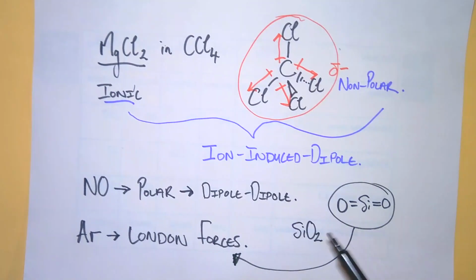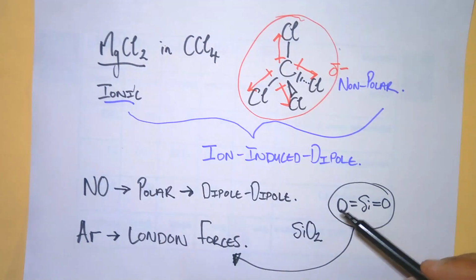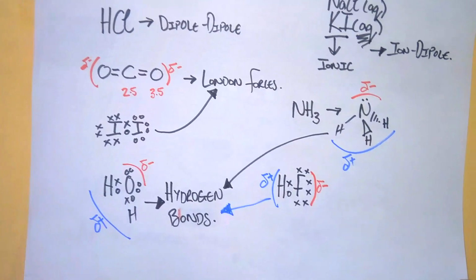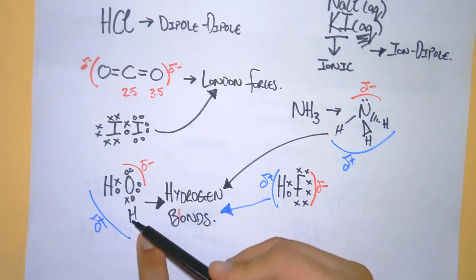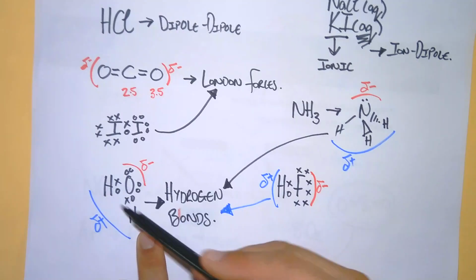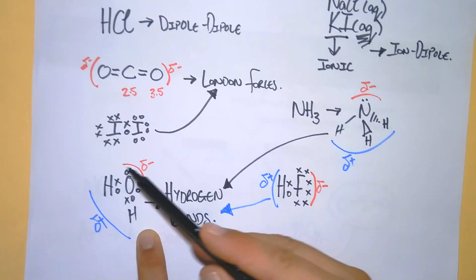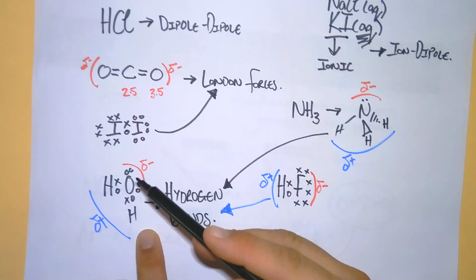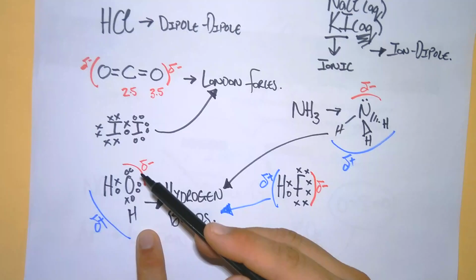Then they ask us which one has the strongest intermolecular forces. Now, out of all of these that we did, the one with the strongest intermolecular forces is water, because water can form multiple hydrogen bonds. Okay, and it's just because of those multiple hydrogen bonds and because of the size of the water molecule that it is such a strong intermolecular force.